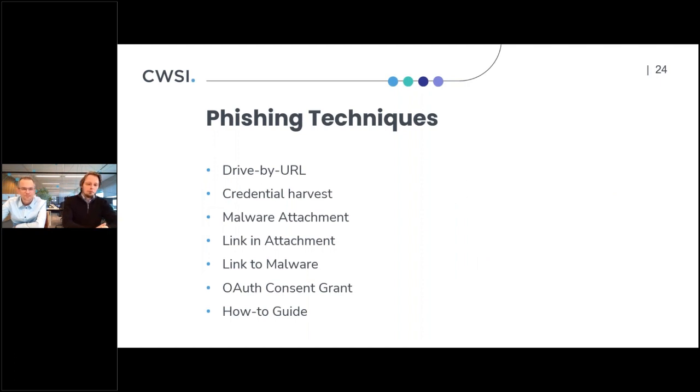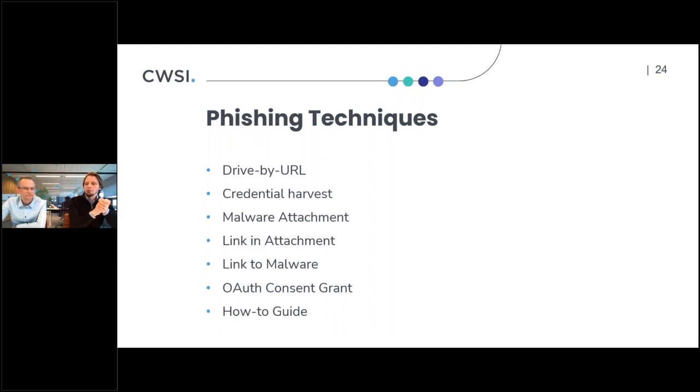Of course, important features are as well what phishing techniques are available in this simulation. I think that drive-by URLs and credential harvesting are more traditional, and that would also include landing pages of phishing websites. But the more advanced ones are the fake malware attachments, links in attachments, or links to malware, and even something very Microsoft specific, the OAuth consent grant, which is also a phishing technique that can be used.